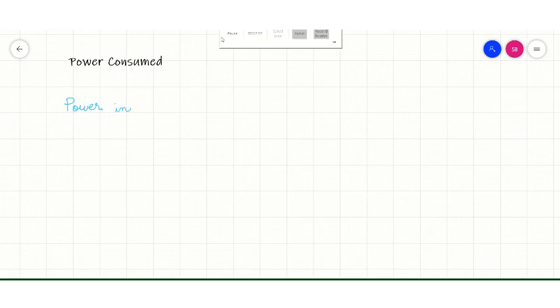Power in phase 1 is the current in phase 1, IRY squared, into the resistance in phase 1. IRY we got as 20, so 20 squared into R1.